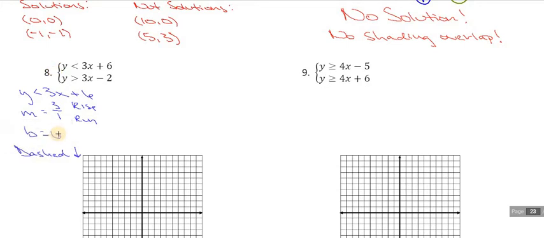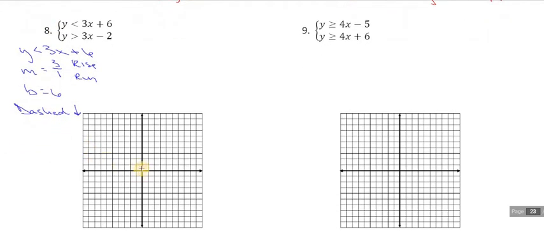So we go to the y-axis at positive 6. 1, 2, 3, 4, 5, 6. Plot the point, and now we rise 3, run 1. I'm out of space, so now I'm going to go down 3, left 1, down 3, left 1.